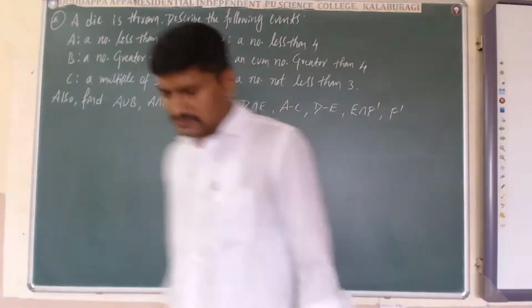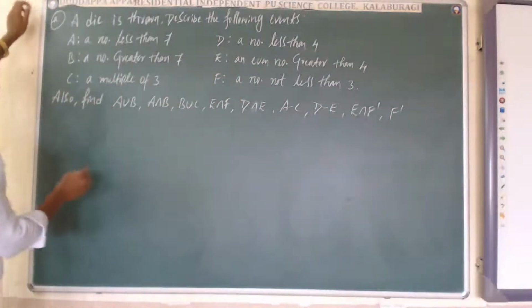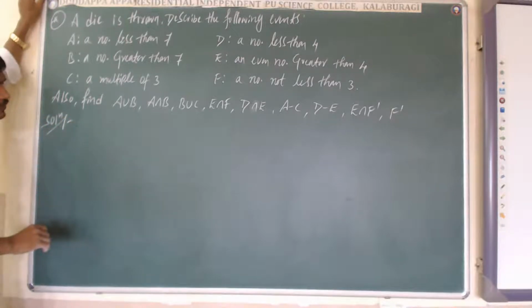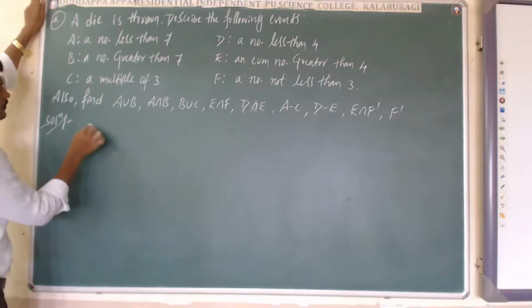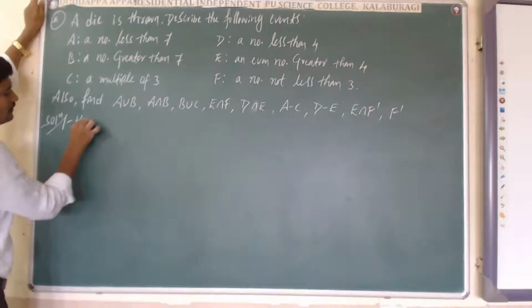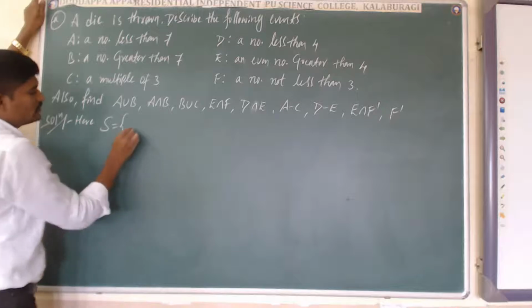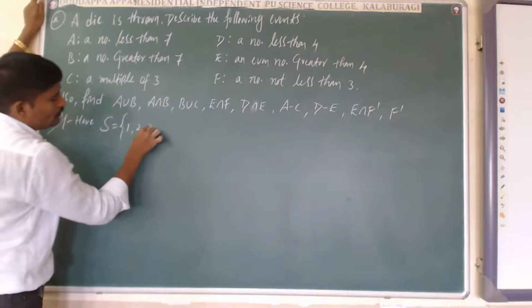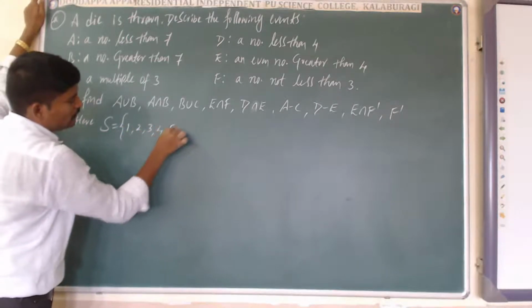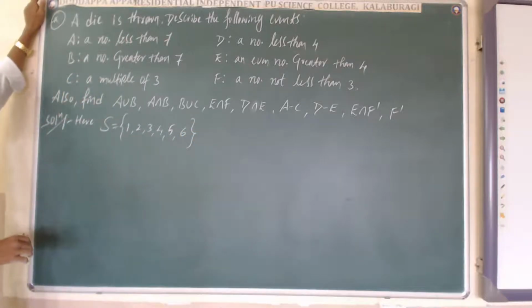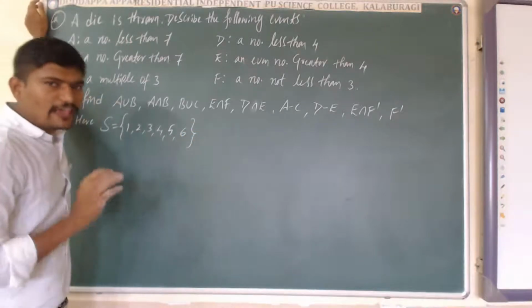Now let us say one by one. Solution. Firstly, I will write here the sample space. We will write 1, 2, 3, 4, 5, 6. This is the sample space of the given experiment.